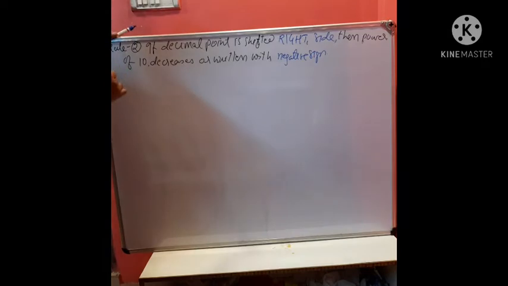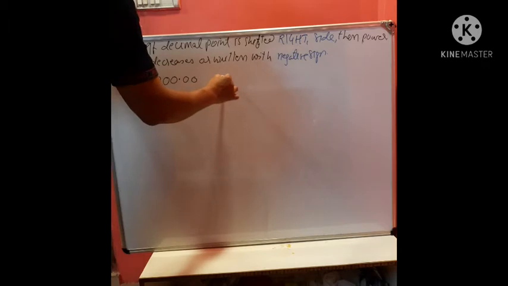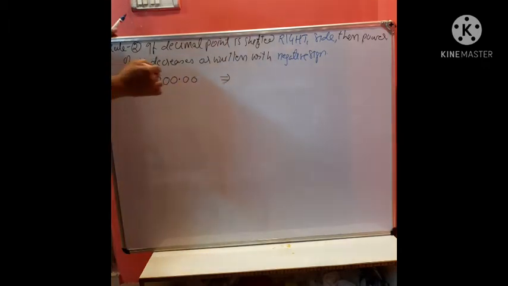Example, suppose the number is 50,000.00, and now we have to shift it to the right side.